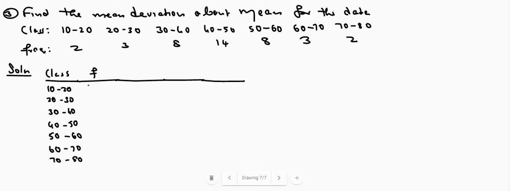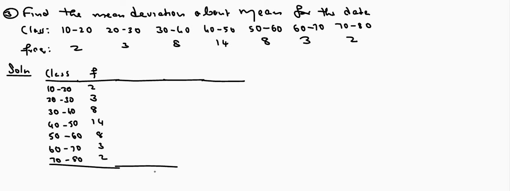Corresponding frequencies are 2, 3, 8, 14, 8, 3 and 2. Sum of the frequencies, that is sigma f, capital N is equal to sigma f, that is equal to 40.